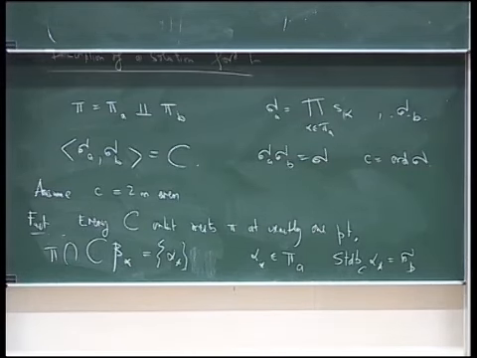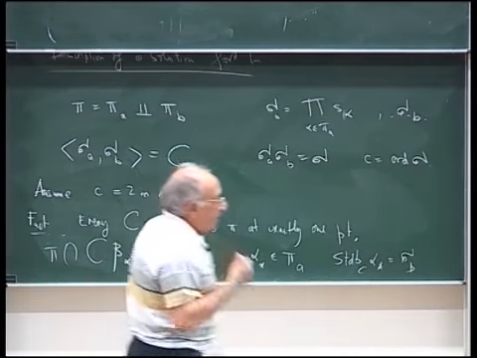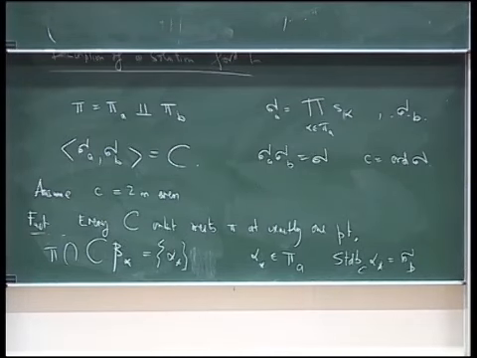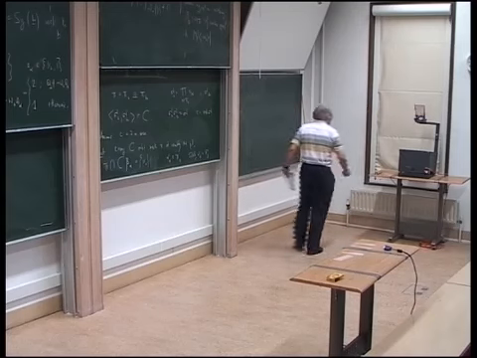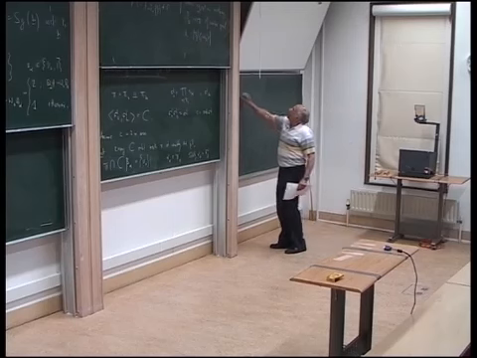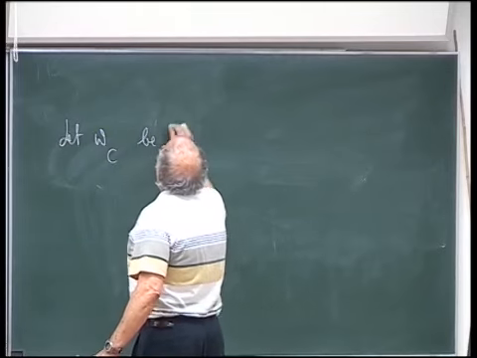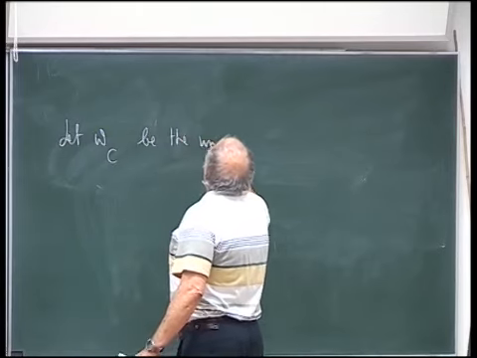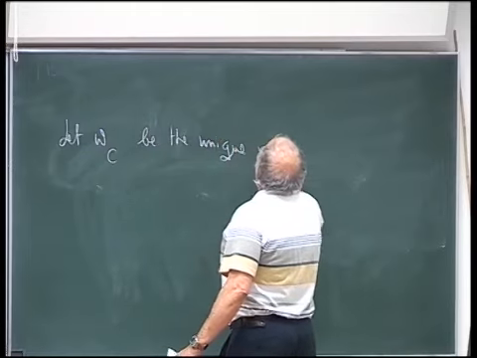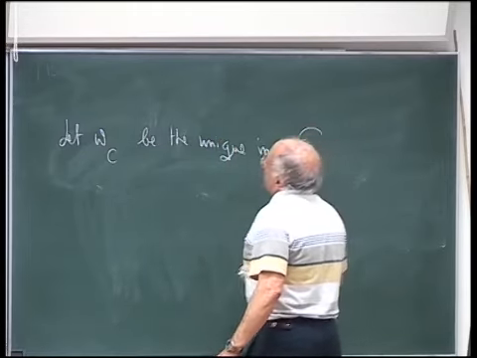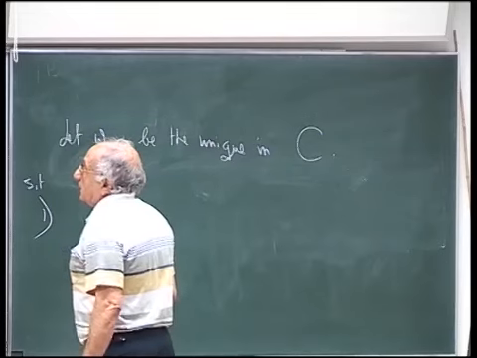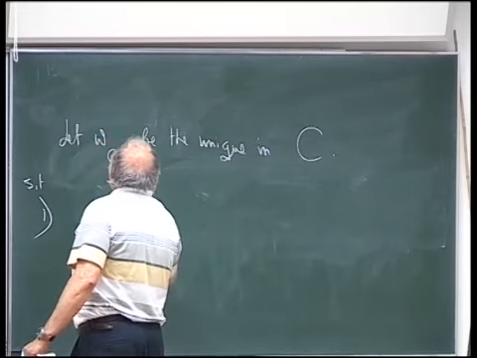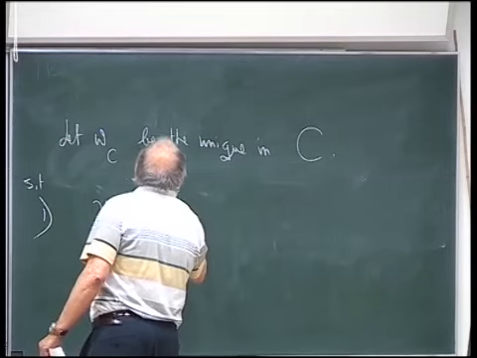I simply take W. So let W of C be the unique element in C such that, first of all, WC of alpha star is beta star.